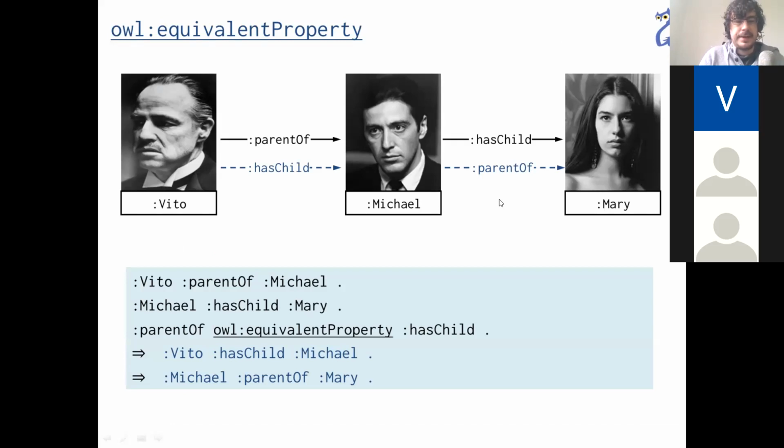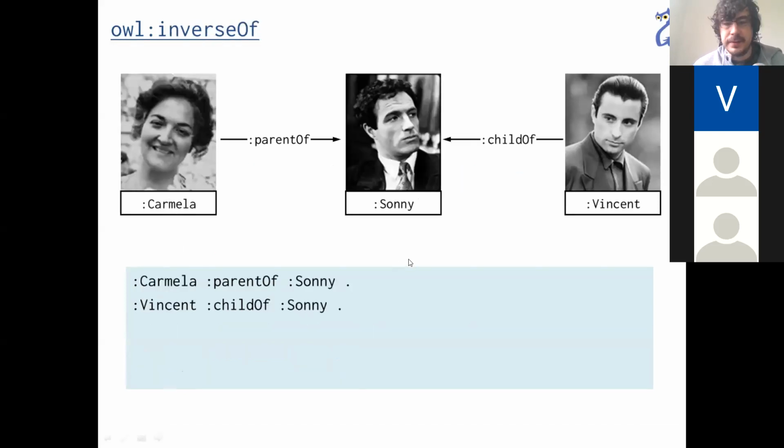The next feature of OWL that we can consider is inverse of. If we have, for example, that Carmela is parent of Sunny and Vincent is child of Sunny, we can see a clear relation between parent of and child of. They're the same relation, but pointing in the opposite direction. The direction is inverted. So we can define parent of inverse of child of.